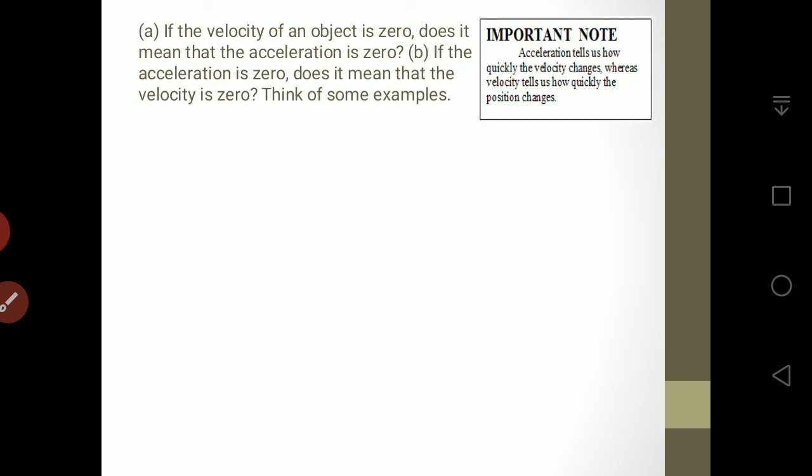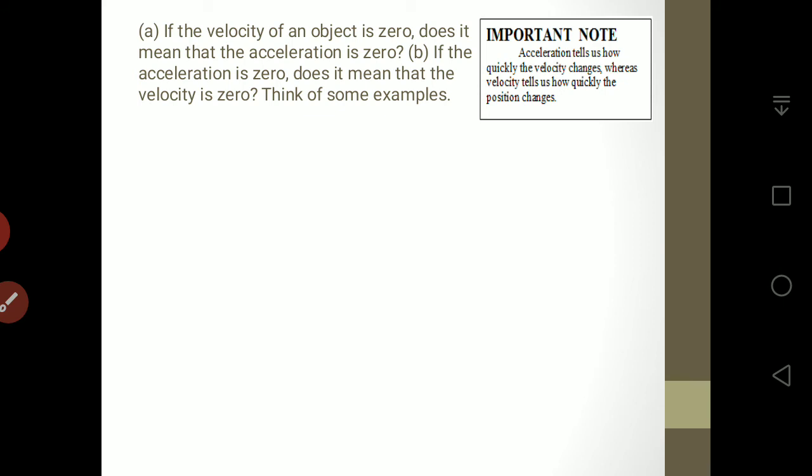Okay. Next. Ito, magandang tanong. If the velocity of an object is 0, does it mean that the acceleration is 0? If the acceleration is 0, does it mean that the velocity is 0? Think of some examples. Challenge ko yan sa inyo. Bahala na kayong mag-isip niyan.